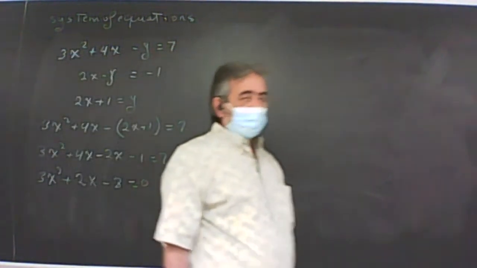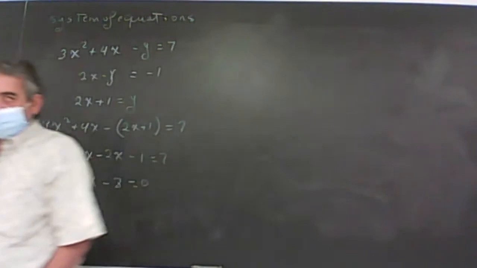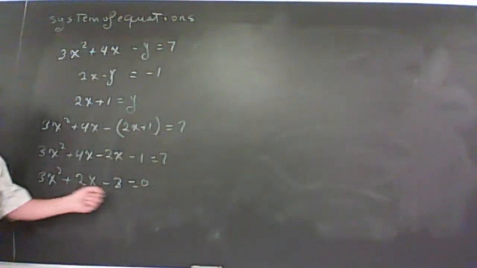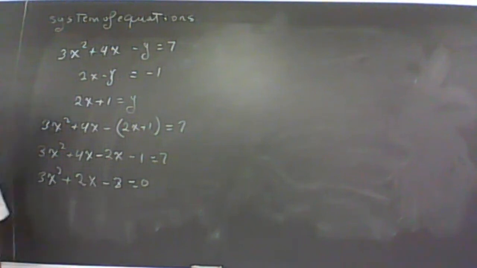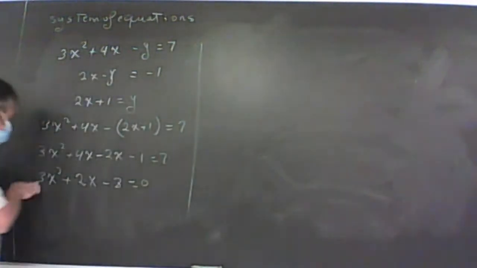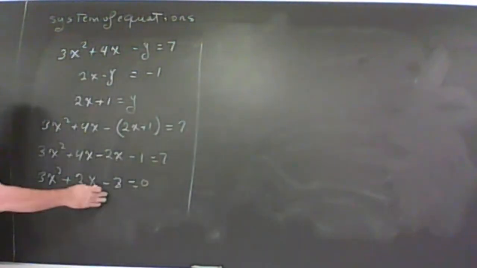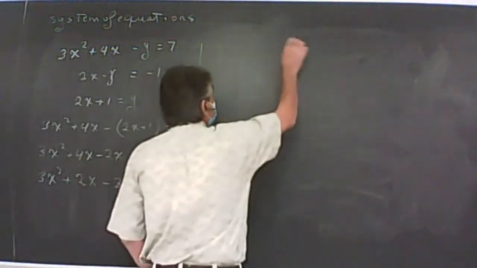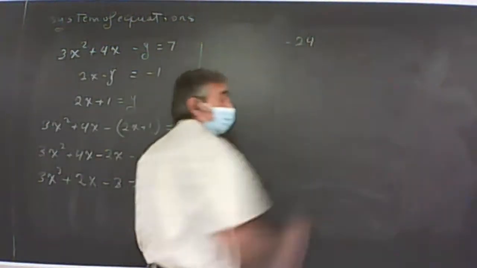Okay? So how do I factor this? First, I don't have a common factor, right? Which is good. So here's what I'm going to do. I'm going to take A multiplied by C, right? So 3 times the negative 8 is negative 24.